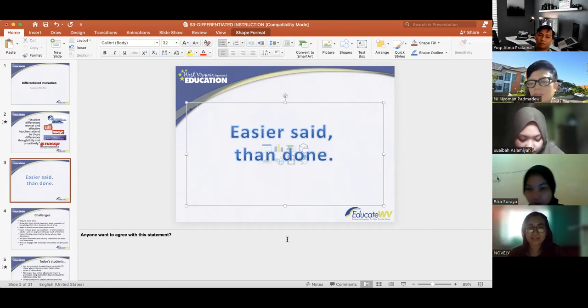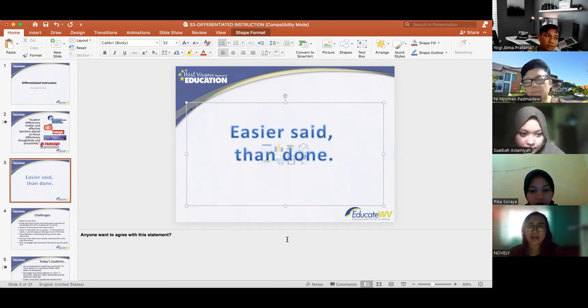From my experience, even in a small group of students, it's still not that easy to apply differentiated instruction and also the method that we are treating them.